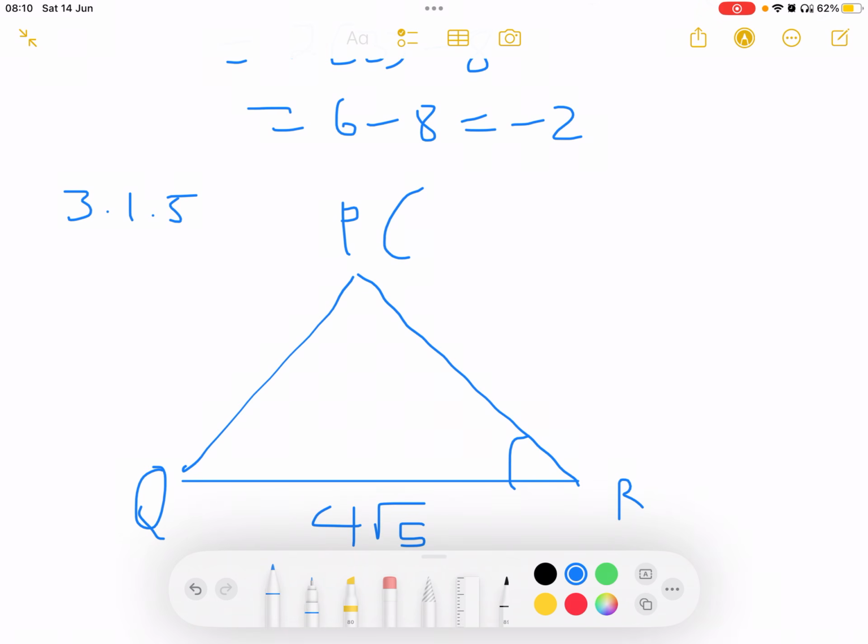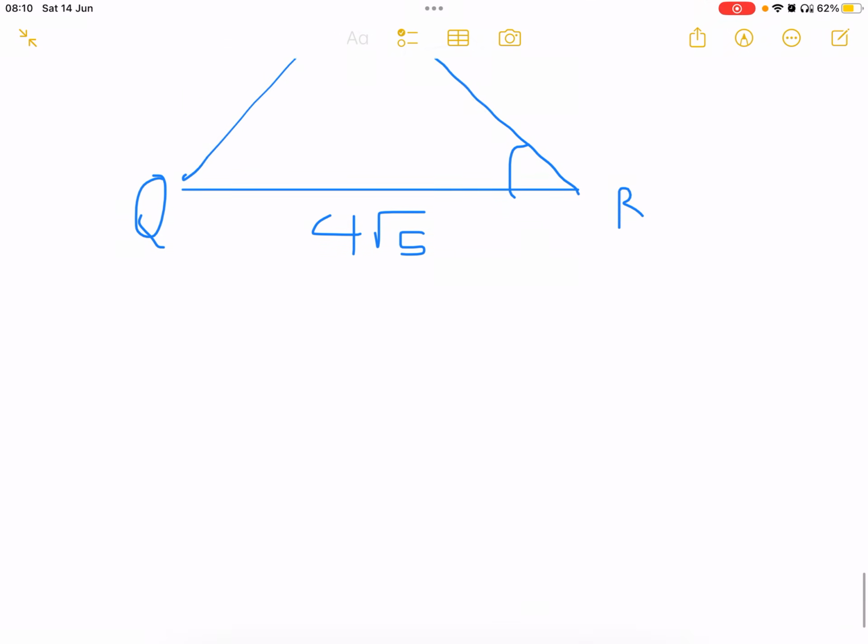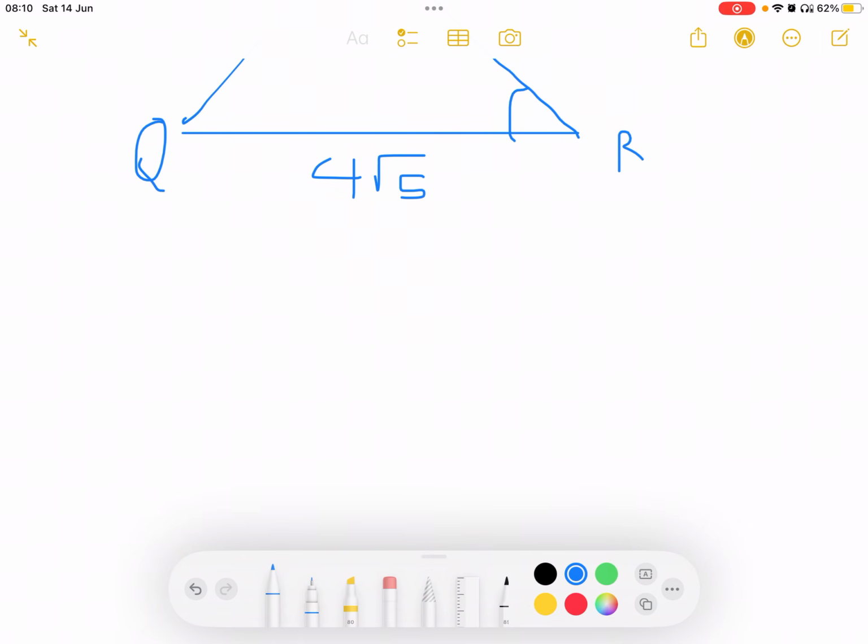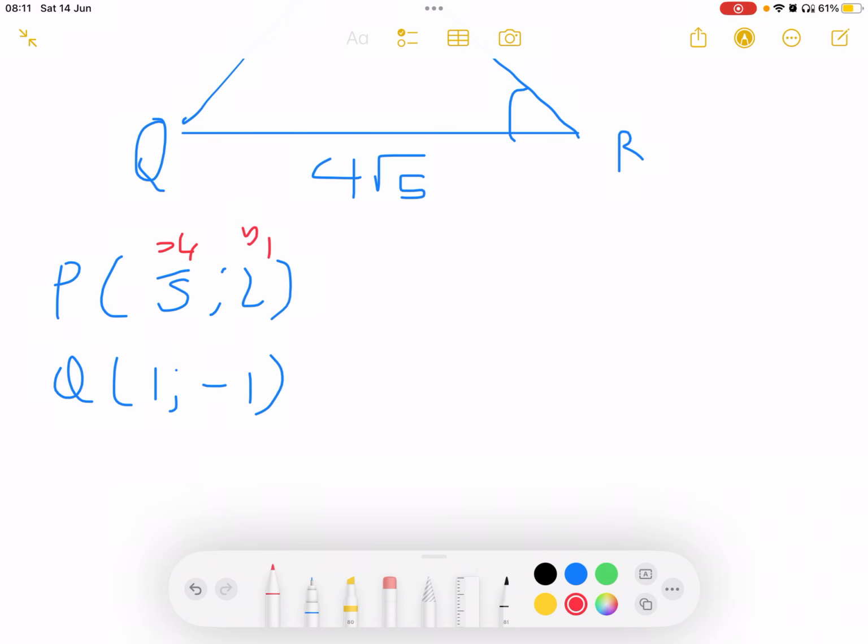So which means now we must get the length of PR and the length of PQ. Getting the length of PQ should be easy because you know P is (5, 2) and Q is (1, -1). Calculate the length using x1, y1, x2, y2.